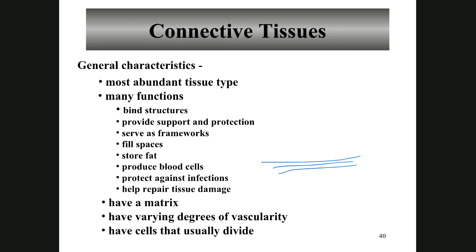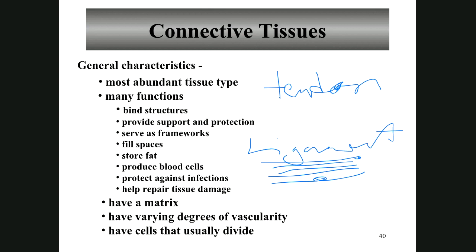The highly organized one, and there may be some cells there, and these are your two important ones, tendon and ligament. What's the difference again? Tendon is the connective tissue between muscle and bone, whereas ligament is between bone and bone. And they have highly organized arrangements of these matrix.